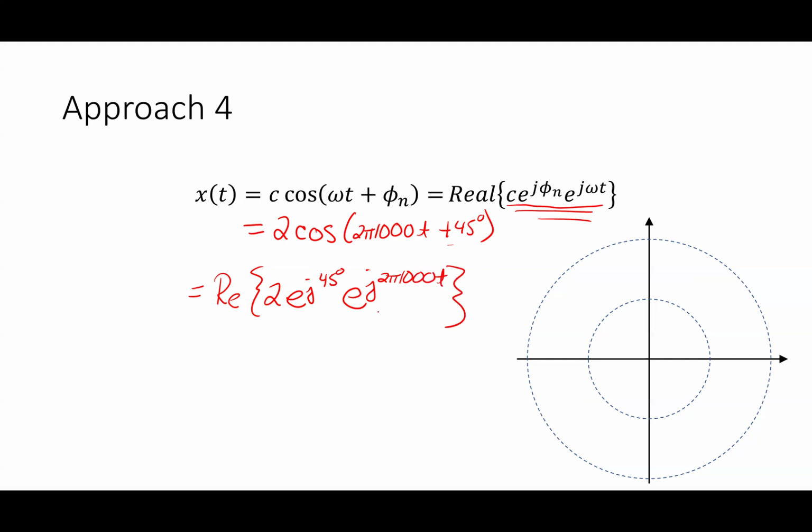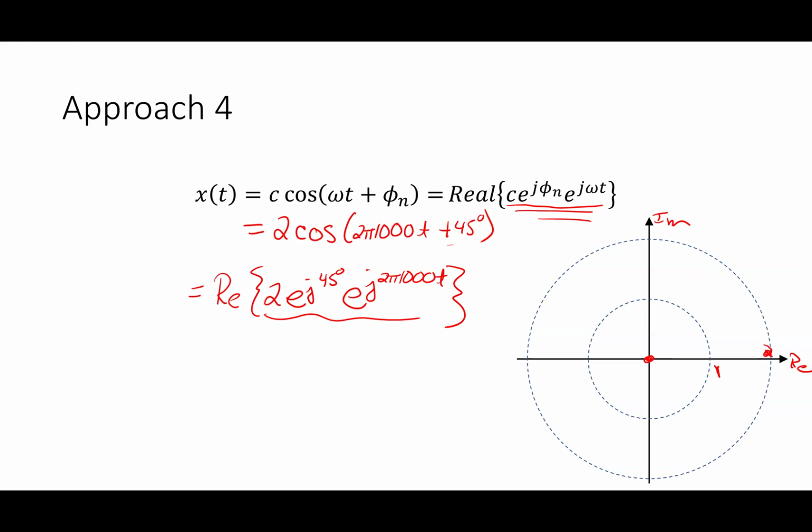If this is my plane, real and imaginary, this is 1, this is 2. Where would I draw this at t equal to 0? I'd start here. Where would that guy go? First quadrant, and where would he end? At the circle with a radius of 2.